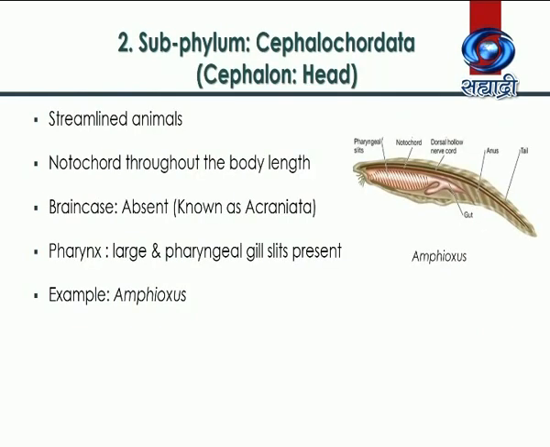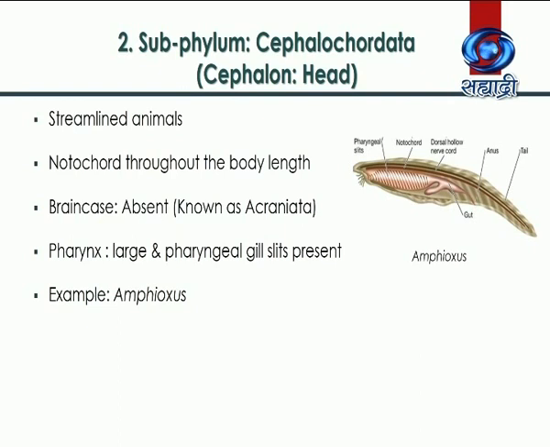The next subphylum is subphylum Cephalochordata, which consists of streamlined animals. In these members, notochord extends from the tip of the tail to well into the anterior of the body. That means it is present throughout the body length.